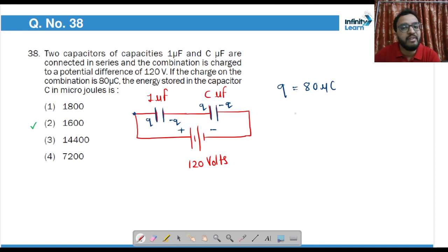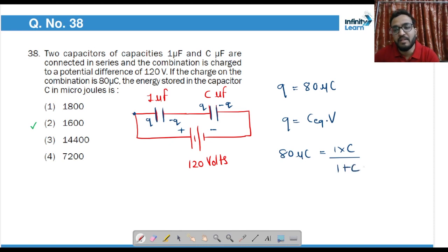Very simple. First of all, we'll find out C. Q is equal to C equivalent into V. So 80 microcoulombs is equal to 1 into C upon 1 plus C into 120. This is also in microfarad, so micro will get cancelled, there is no issue.